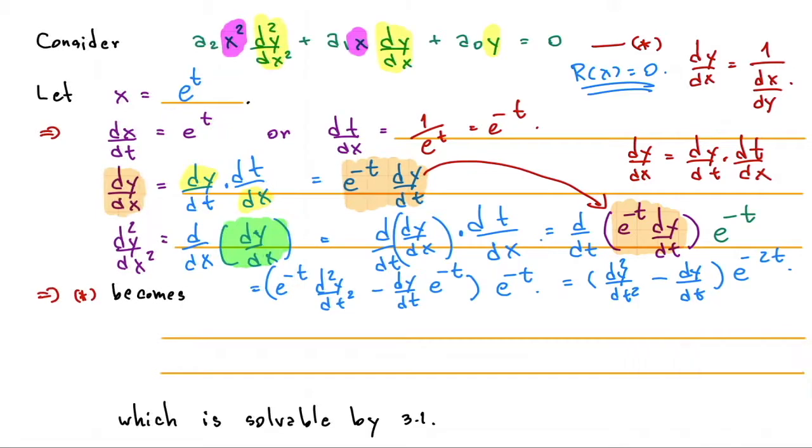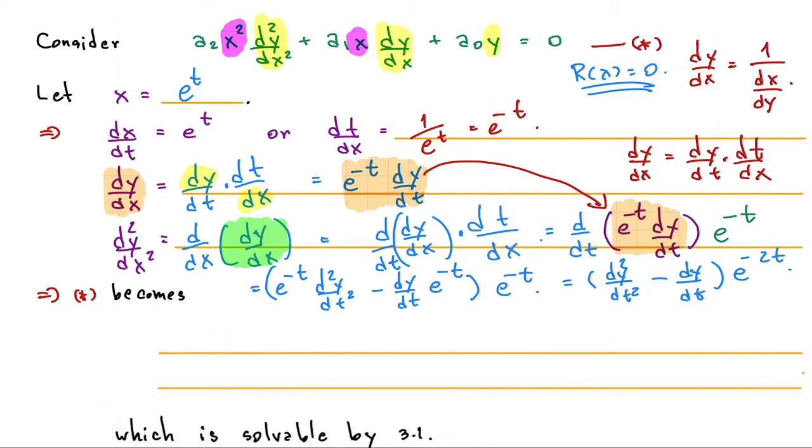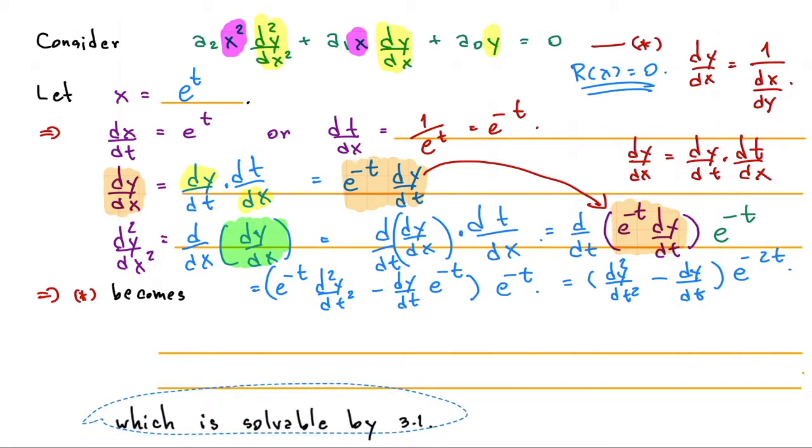So what we have is, what is it? Can I move this a little lower? I'm afraid I might not have enough space. Okay, so what I have here is a2, right? a2 x squared would be e to the 2t.